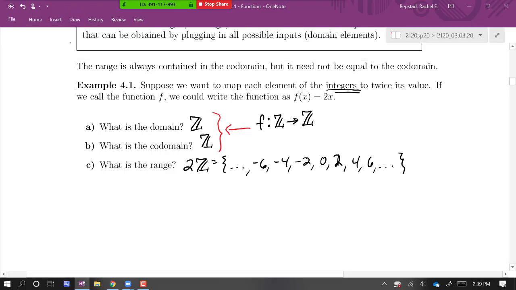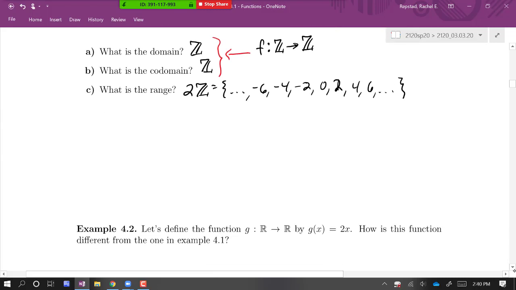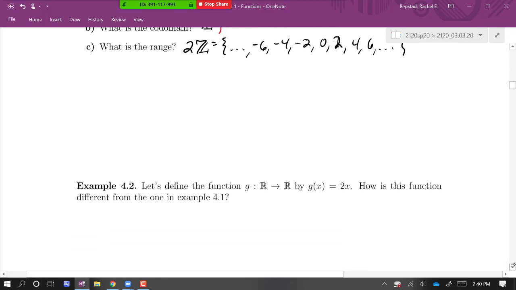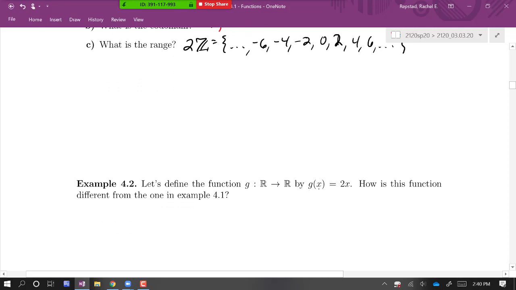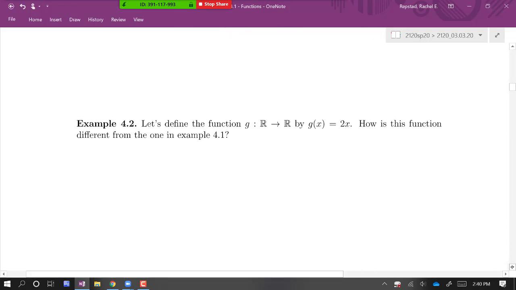Let's look at a different function. In example 4.2, we're going to define the function g that maps from R to R, the real numbers to the real numbers, by g of x is equal to 2x. It's going to map each real number to twice its value. Now that looks pretty familiar, right? But how is this function different from the one that we just looked at?